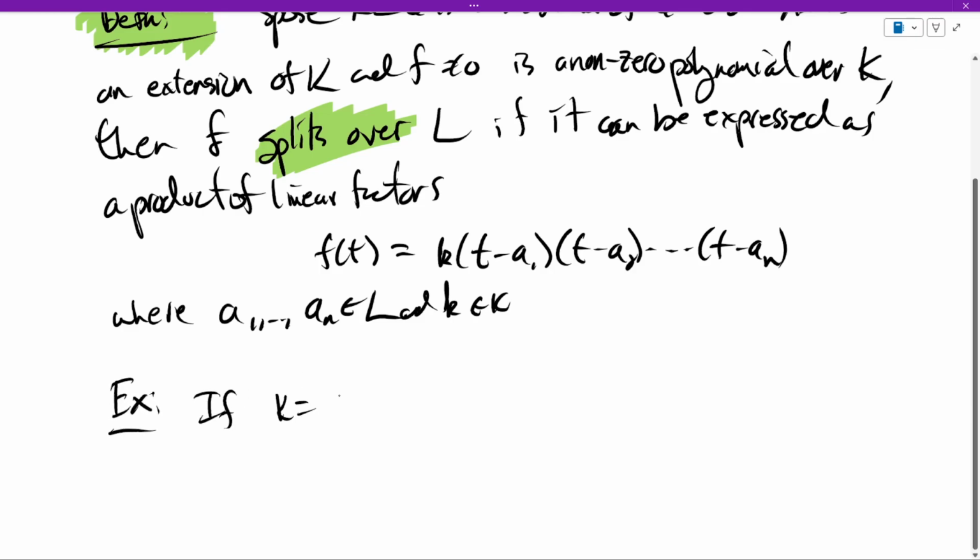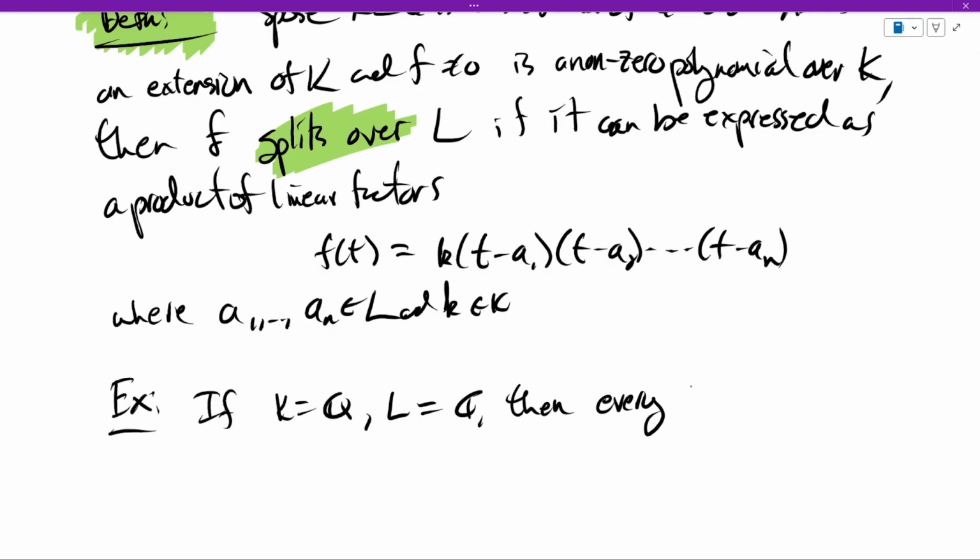if K is equal to Q and L is equal to C, then every non-constant polynomial. I think I was supposed to say non-constant up here. Non-constant.